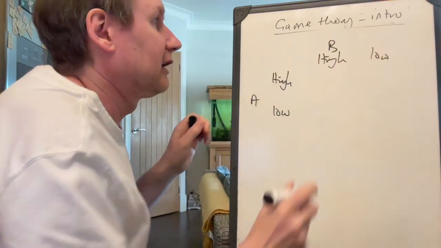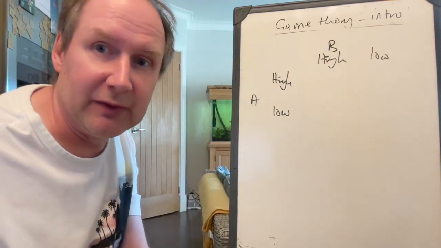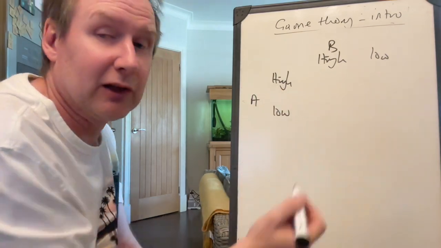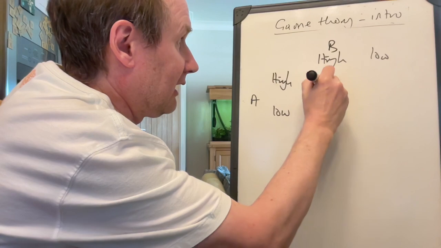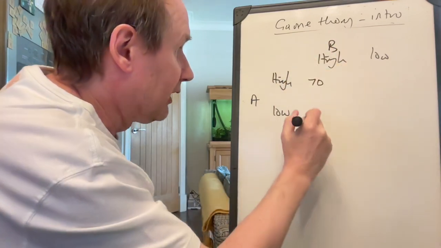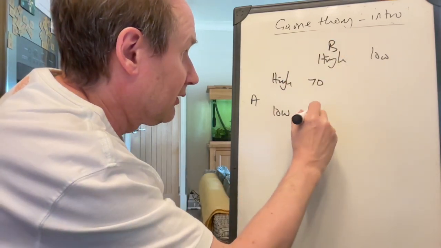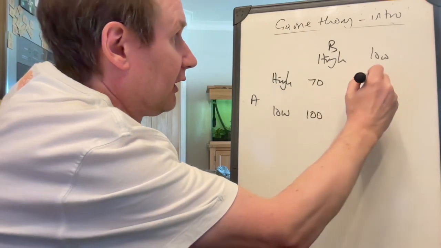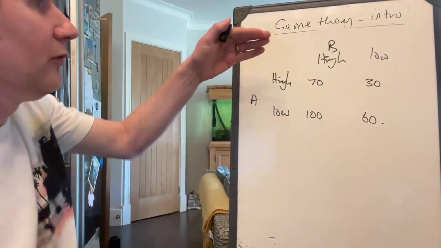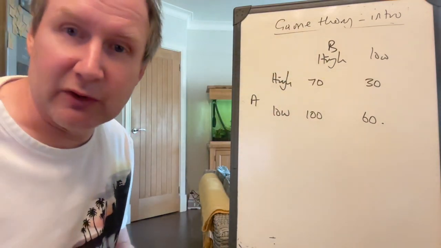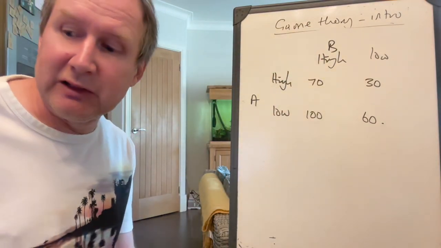I'm going to give A a dominant strategy of playing low. So let's suppose B plays high, A gets 70, but if A goes low, they get 100. Over here, let's imagine that's 30 and 60. So whatever happens with B, those are A's numbers. Whatever happens, A's going to play low.